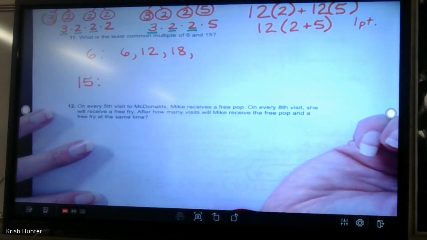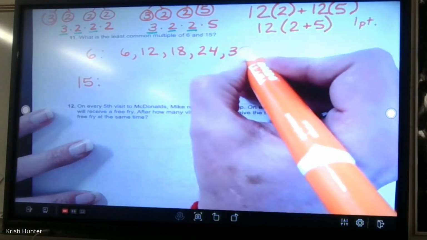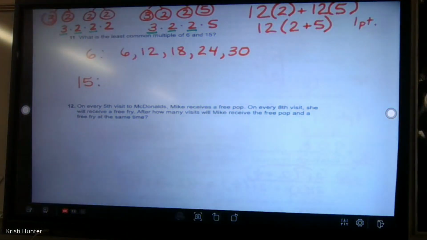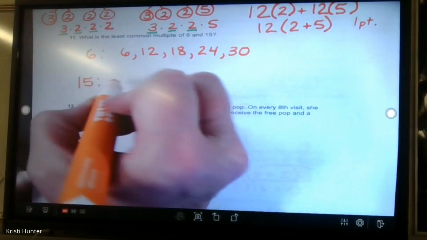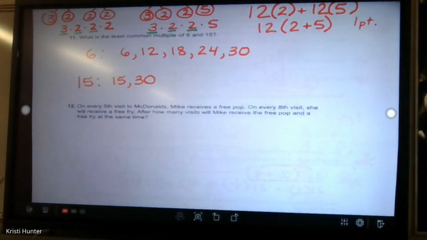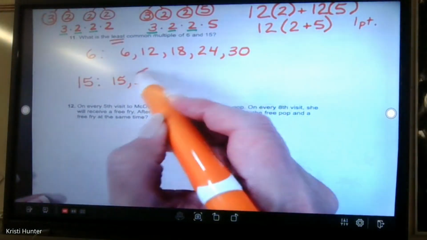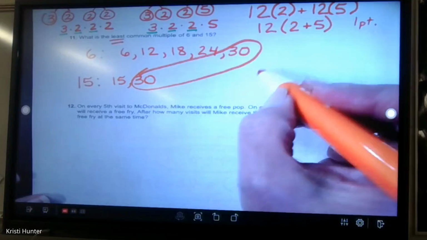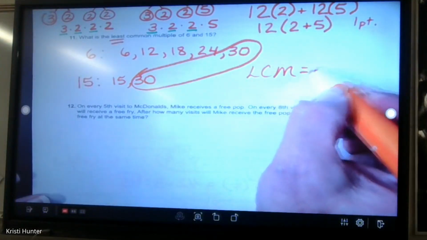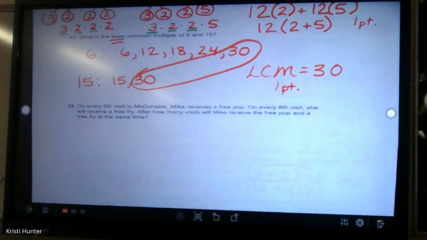Let's see, 6 more would be 24. 6 more would be 30. And that's where I'm going to stop because I know 15 2 times is 30. And I want the smallest, the least number that they share alike. So my least common multiple is going to be 30. And this is just a 1-point problem that you can create your list and find the number that's the smallest that they share.